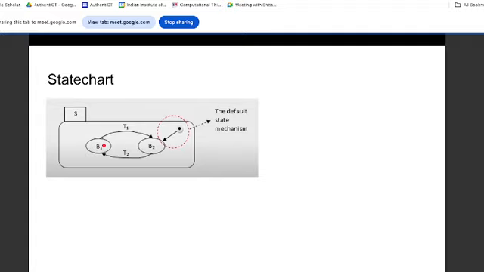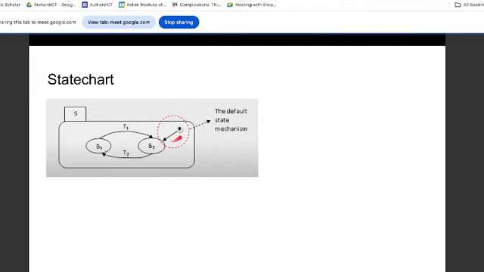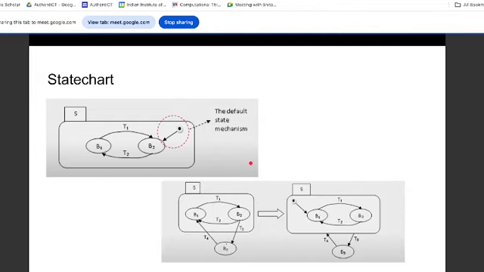Now we leave the system, we do some other activity, and then we come back to this state. Now the bulb is showing on to us, but the state machine would again go back to the default, right?